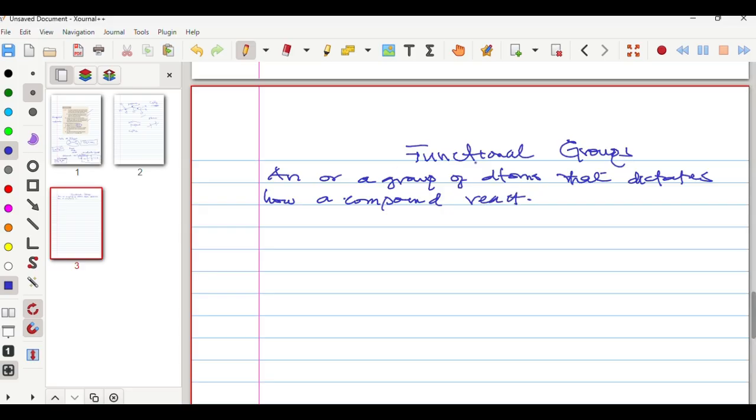So that is a functional group. For alkenes, let's start with alkenes. The functional group in alkenes is the carbon to carbon double bond.